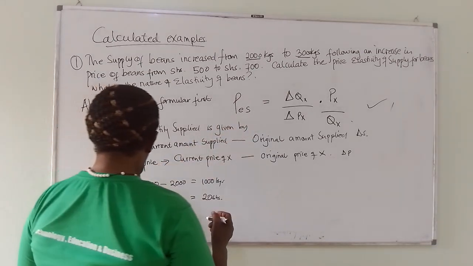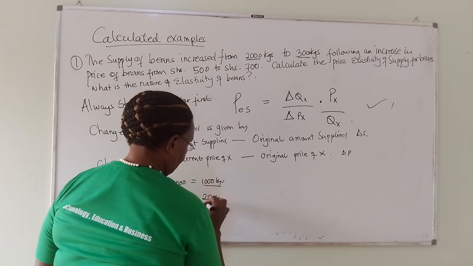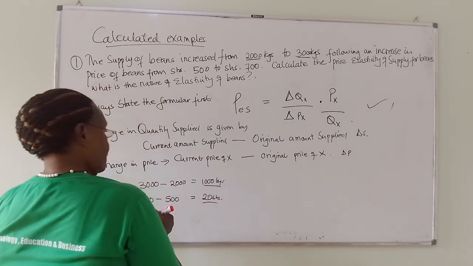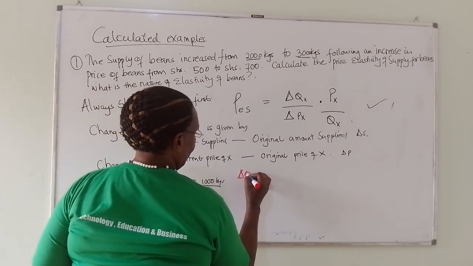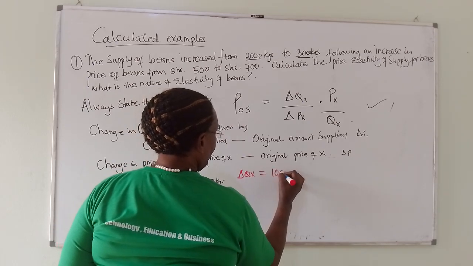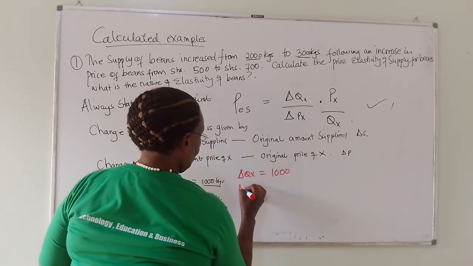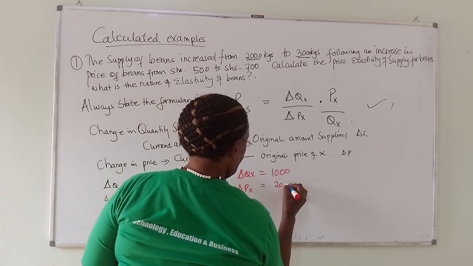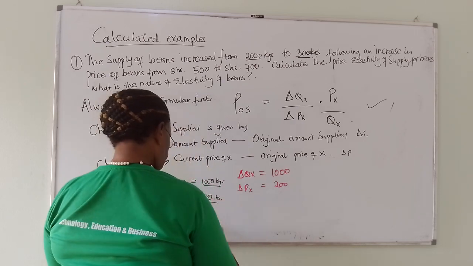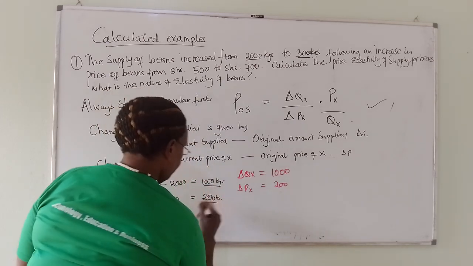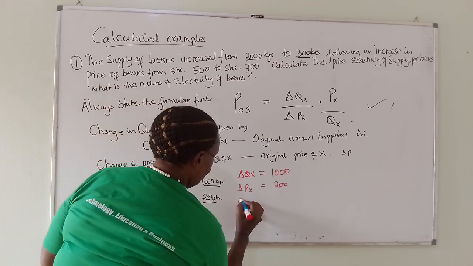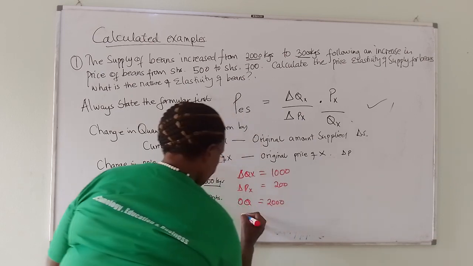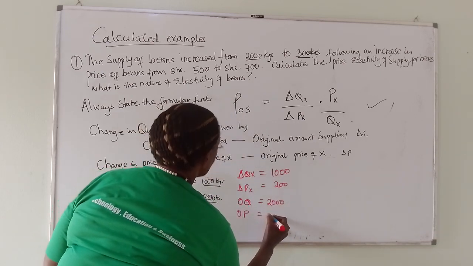So now, having got the changes respectively, we substitute into our formula to get the price elasticity of supply. Change in quantity of X is 1000, yet the change in price of X is 200. Then our original quantity was 2000, yet our original price was 500.